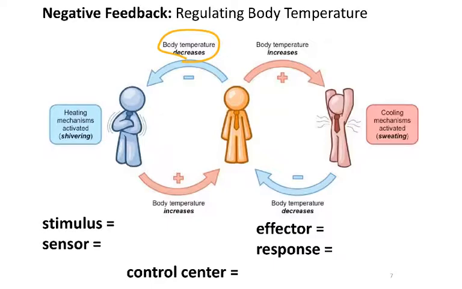And sometimes students get caught up in, well, okay, is the stimulus the decrease in body temperature, or is it the change in the environment? Either one, you can make an argument for either one, and I'm okay with you making those arguments. So we could say a decrease or an increase from set point.